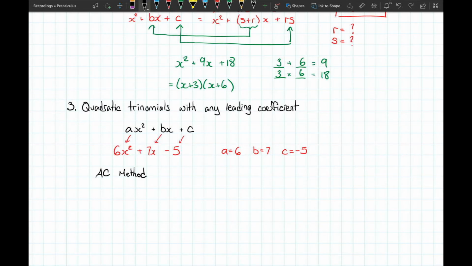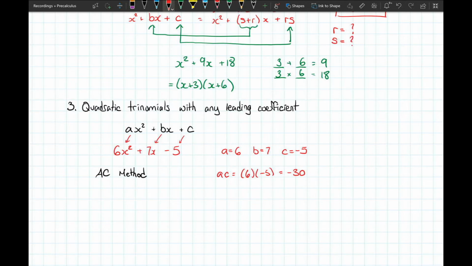It's called the AC method because what we're going to be looking at in particular is a and c, in this case 6 and -5. When you multiply them together, you get -30. So AC is the first step: 6 times -5 equals -30.